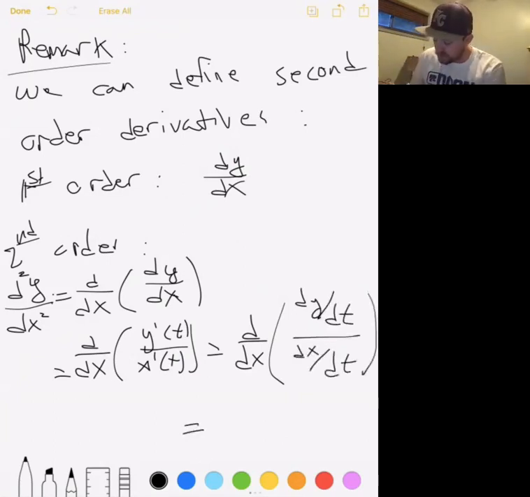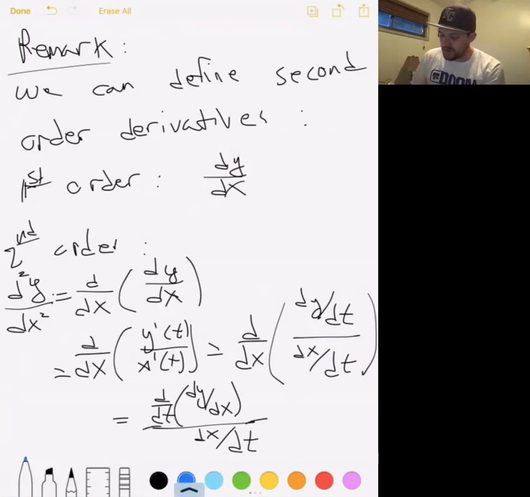There's some simplification between these two steps, but ultimately what you end up with as an equation for the second derivative is d/dt of dy/dx over dx/dt.